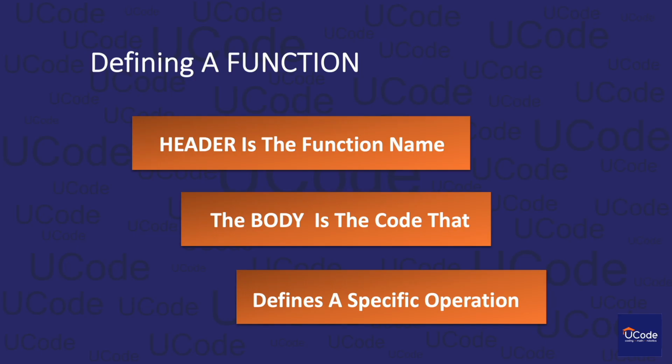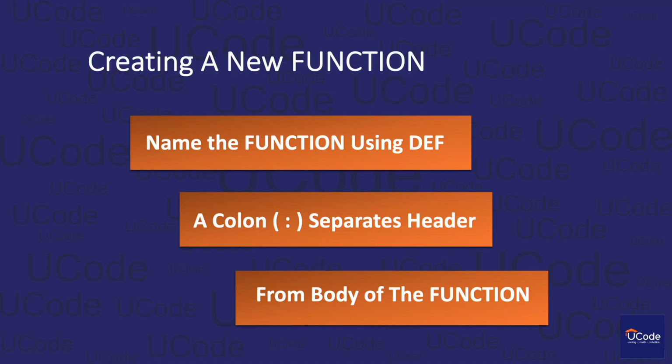There's a particular way of defining functions, and we need to follow that structure. Let's start by learning that. A function has two parts. First part is the header. That tells us the name of the function. The second part is the body. The body contains the code that implements the actual functionality. We tell Python that a new function is defined using the def keyword.